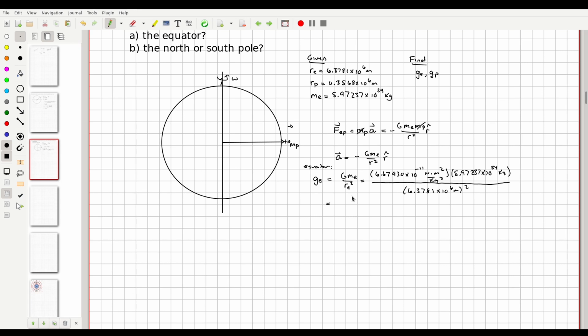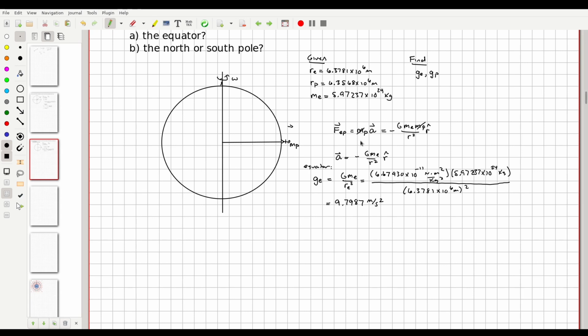We got to square that. And I get here, taken out to, let's see, what do we have? 2, 4, 5, 2, 4, 5, 2, 4, 6, 2, 4. Okay, so 5 significant digits: 9.7987 meters per second squared.